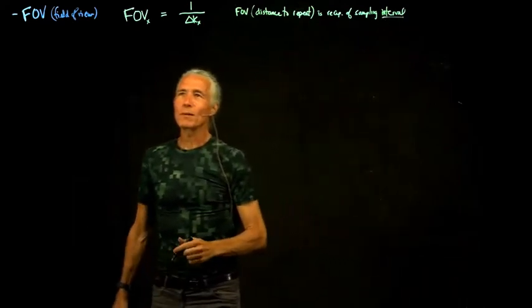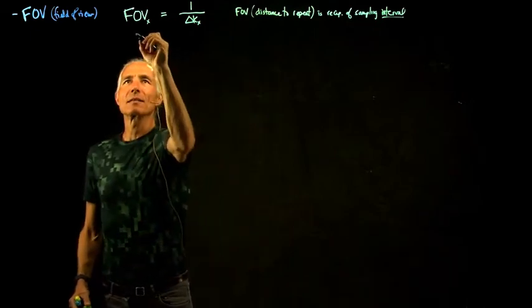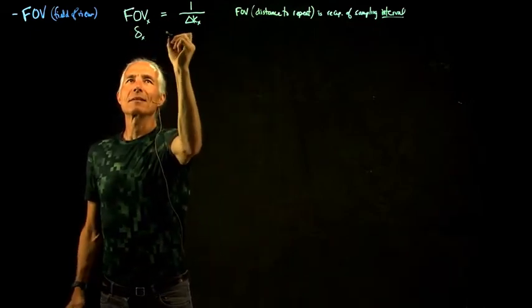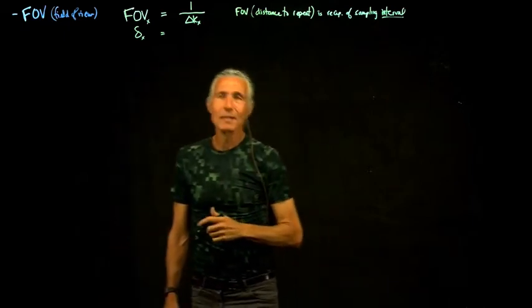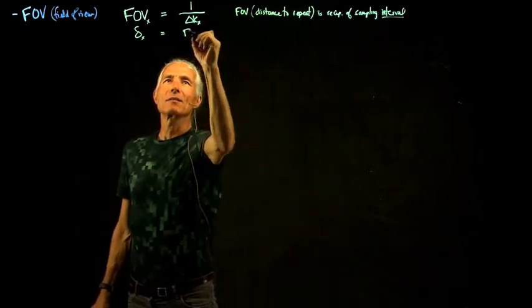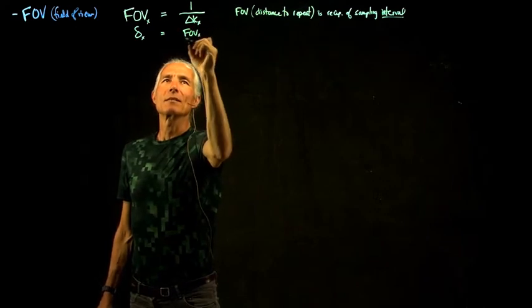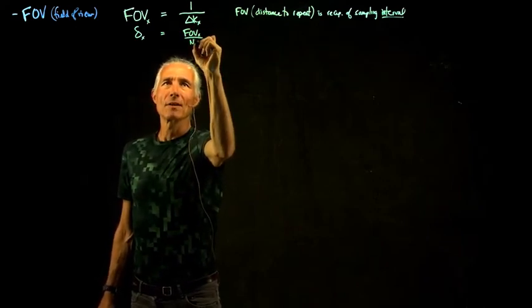Now, what about the voxel size? The voxel size, we'll call that delta. The voxel size is basically just the field of view in the x direction divided by the number of voxels.